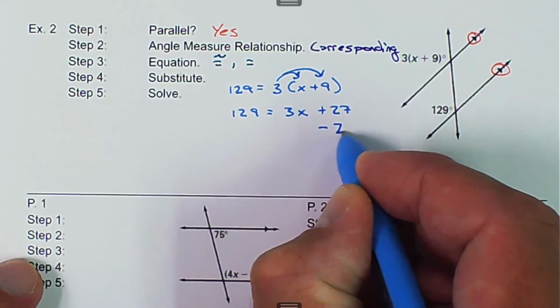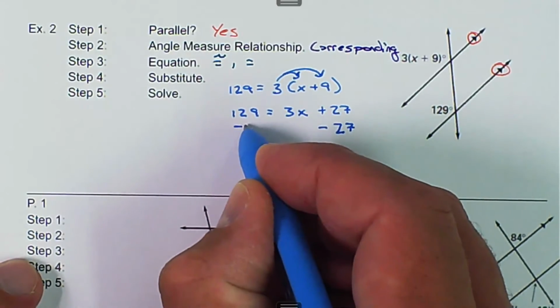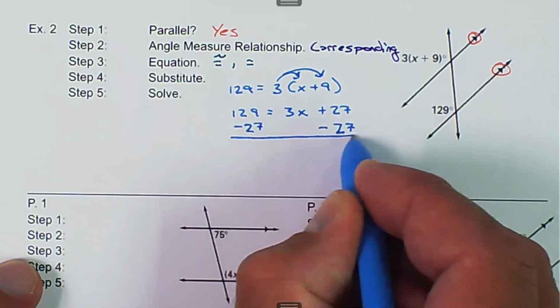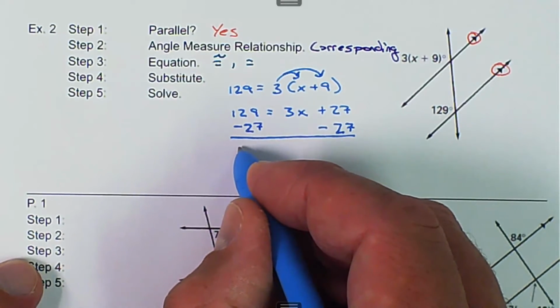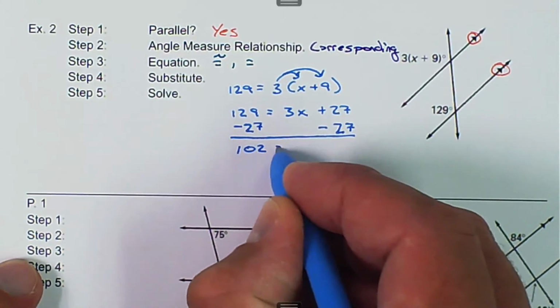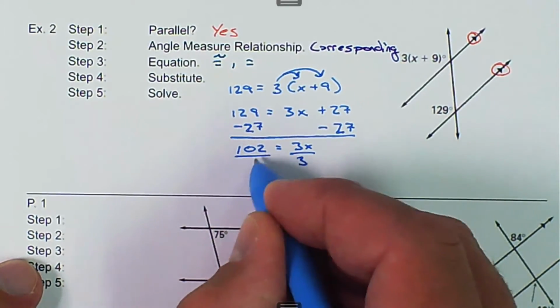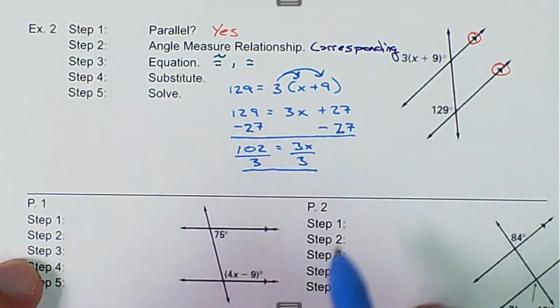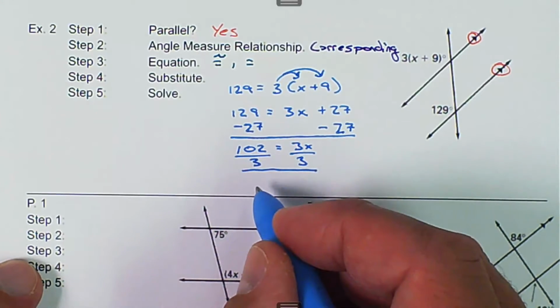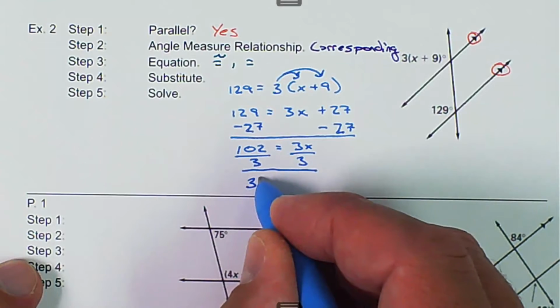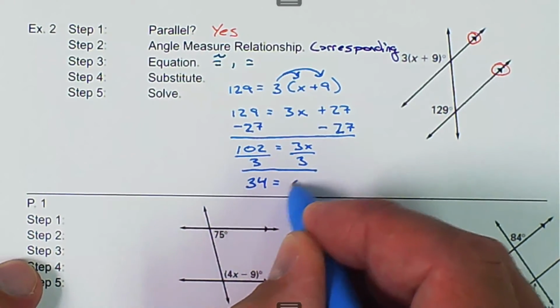And then we can do our inverse operation, or subtraction property of equality. And then we get 102 is equal to 3x, and divide by 3, the division property of equality, and we get 34 is equal to x.